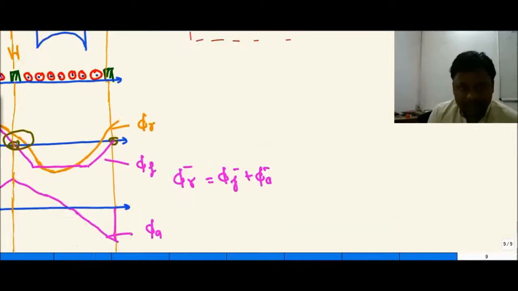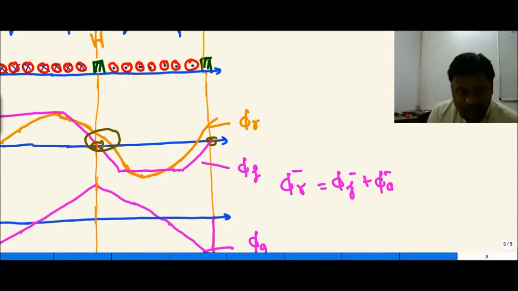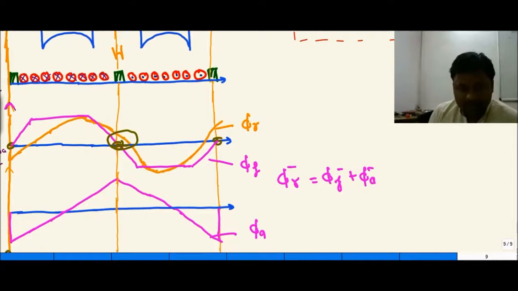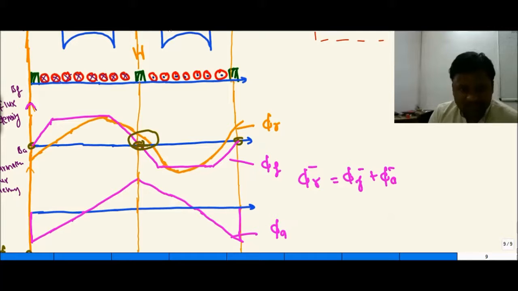It may generate additional induced EMF, which may be harmful for the commutation. So we have to eliminate this by using compensating windings or interpoles. In the books we have seen that the armature flux is shown like this, for the interpolar axis, so it can be understood with the help of some books.